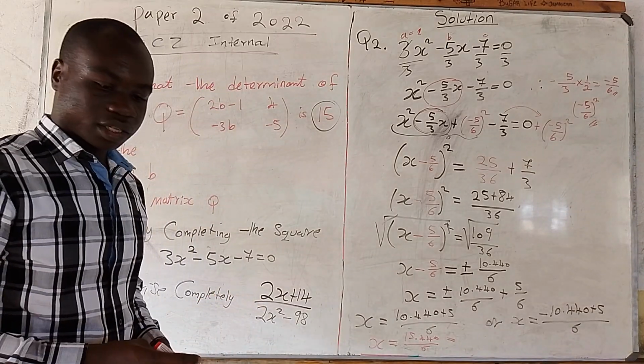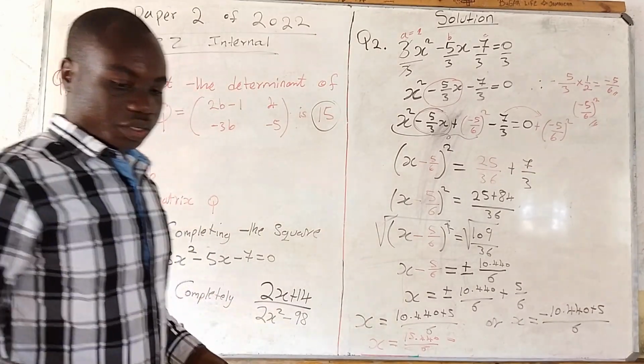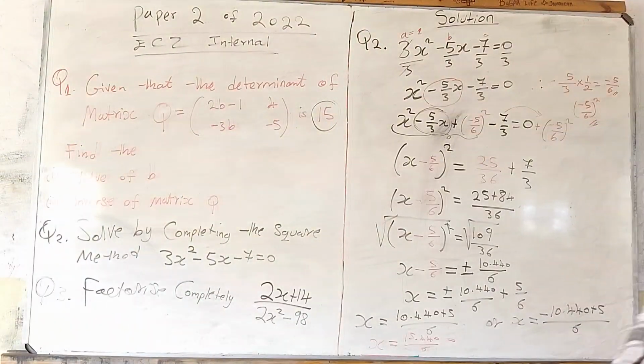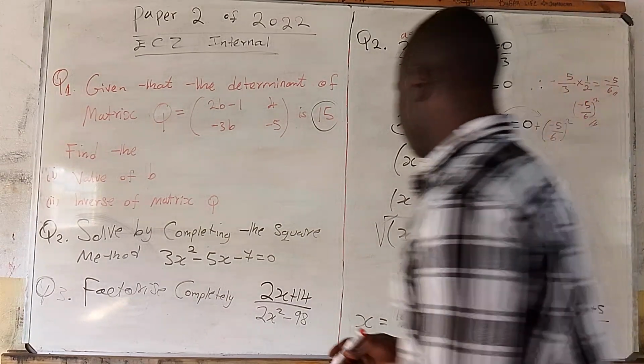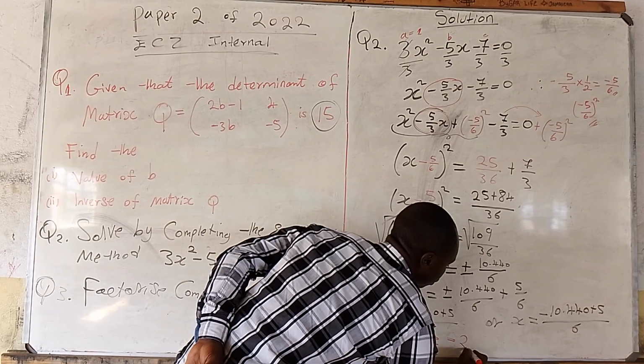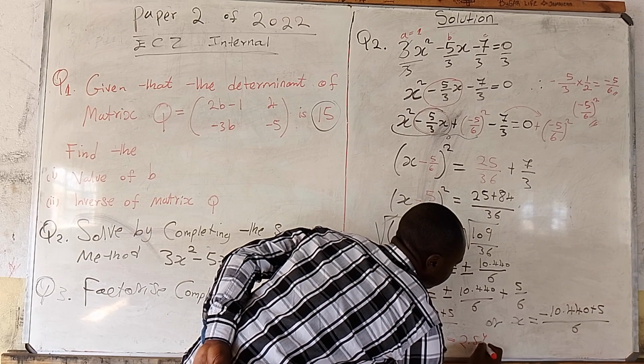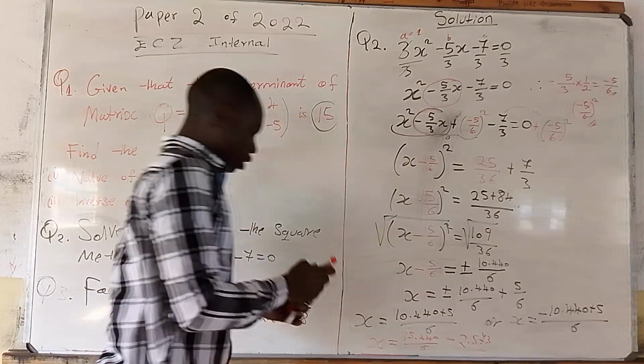When you use your calculator and divide 15.440 by 6, you are going to get 2.573 as your answer.